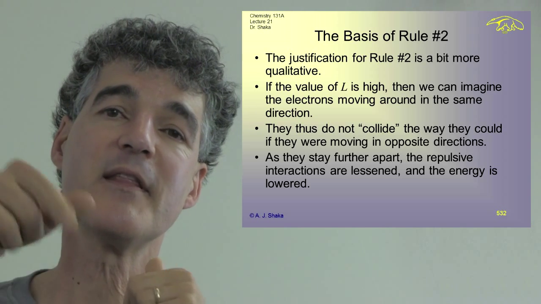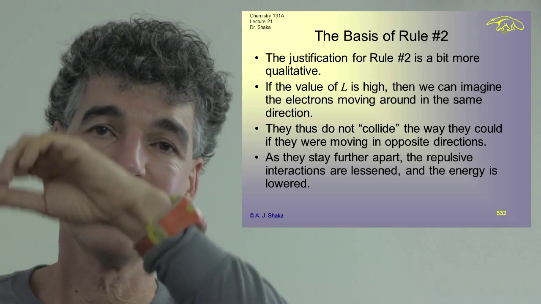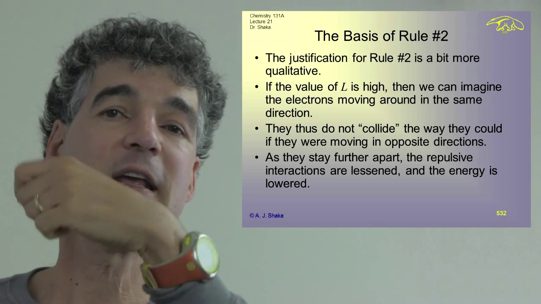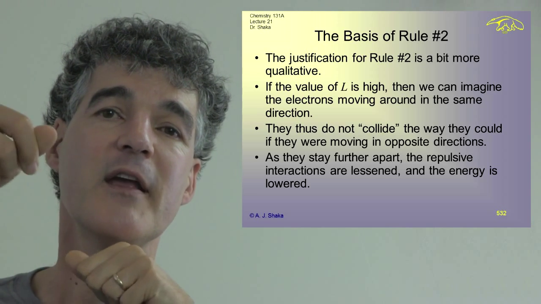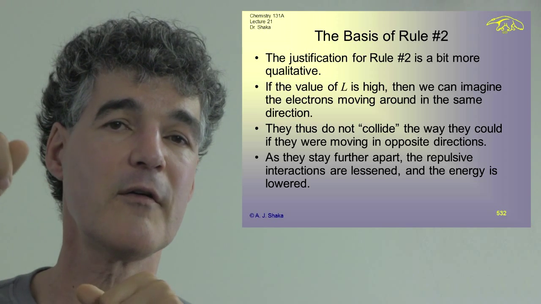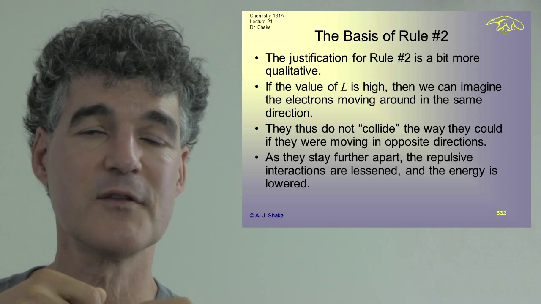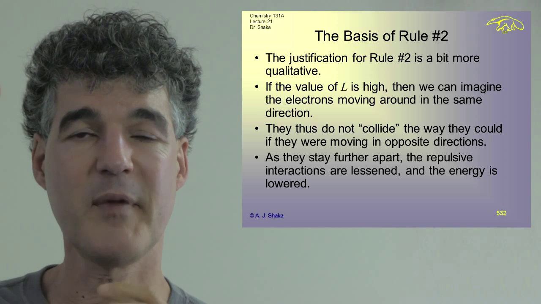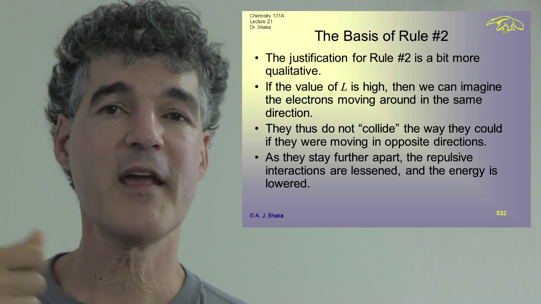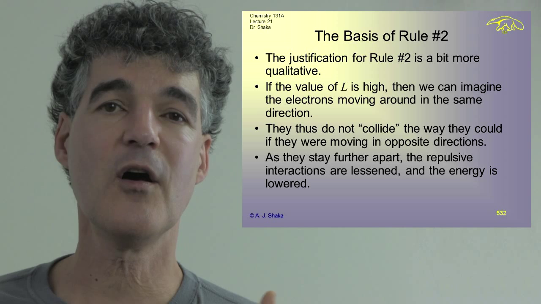If they're moving the same way around the atom, then they're avoiding each other. If they're moving opposite ways so that L is 0, or a lower value of L, some are going one way, some are going the other way, so that the total is not the maximum, then they can crash into each other and get close.